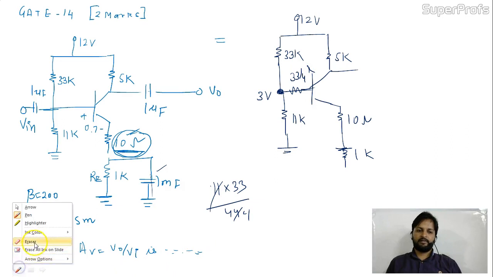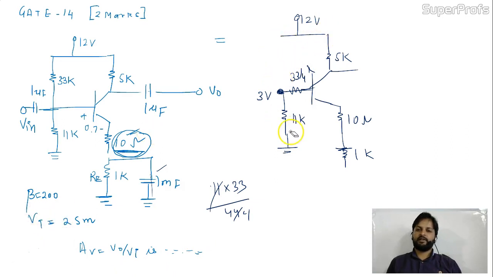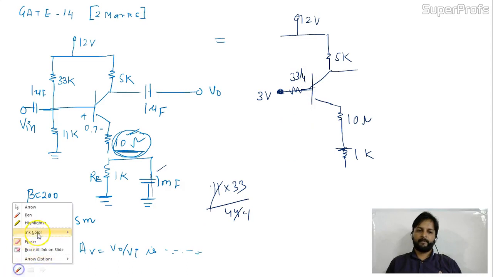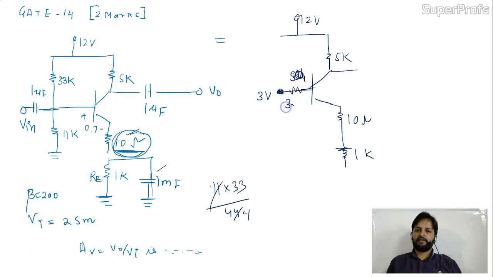Now I can remove the remaining part because I made it equivalent. This is my input circuit now: 3V, 33 divided by 4k, and this is 12 volt over here, this is grounded. I need to calculate IE or IC.